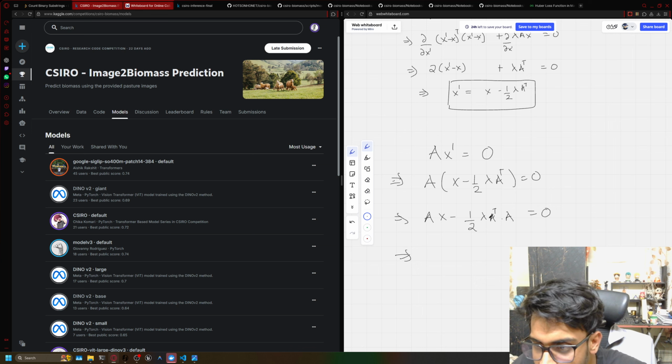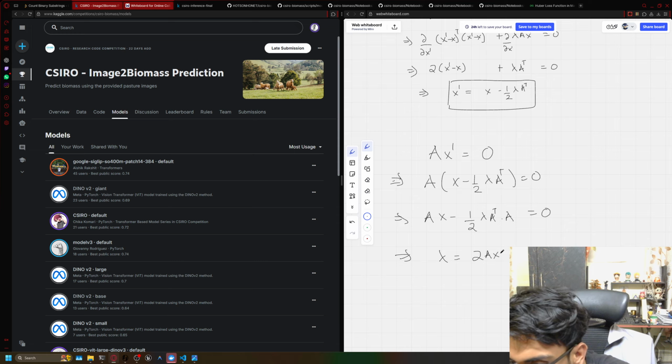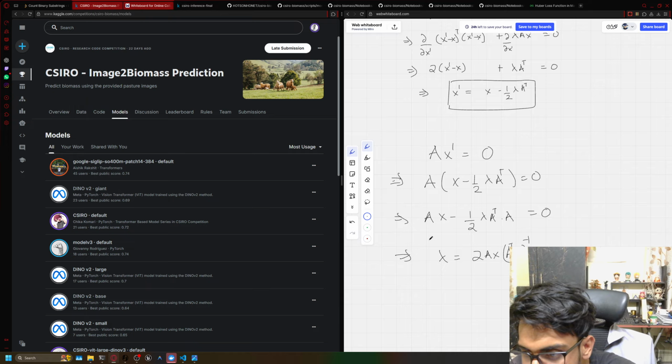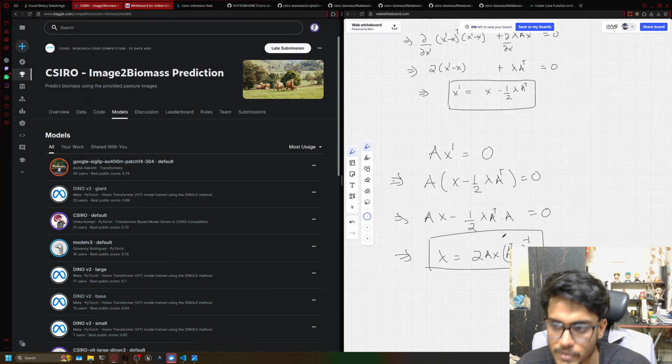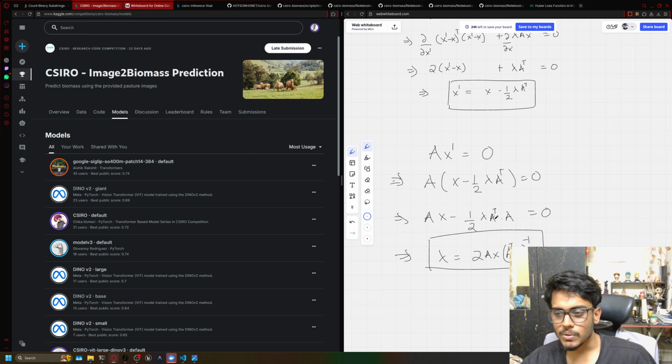Now if I write lambda in terms of this, lambda will become 2 times a x times (a transpose a) inverse. Basically you are in matrix space, so this 2 gets multiplied here and divided there, which essentially means you have to take the inverse. So my lambda becomes this.